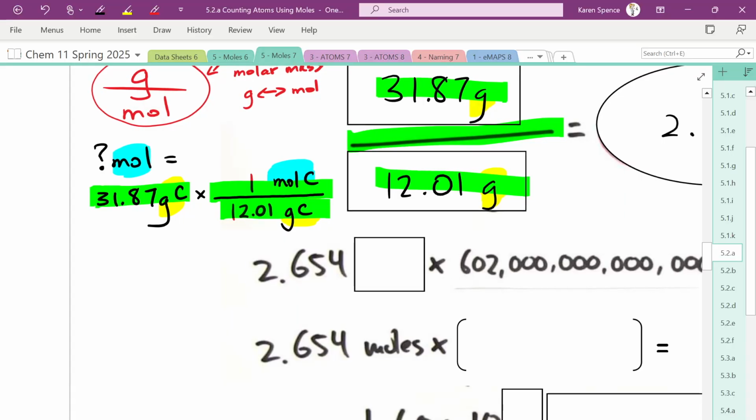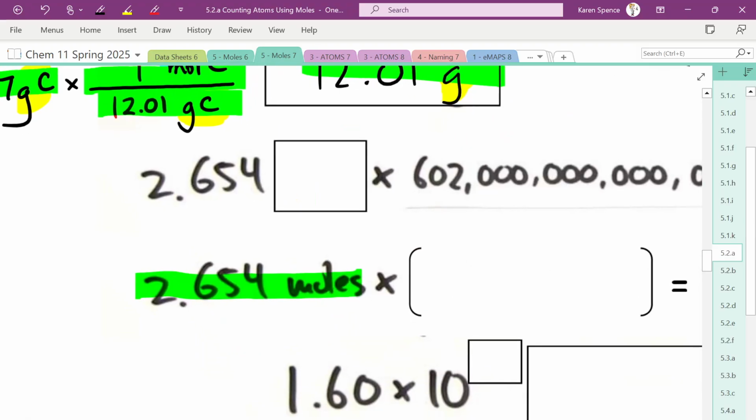And we could do our second step where we have our 2.654 moles. Here we had 6.02 times 10 to the 23 atoms.